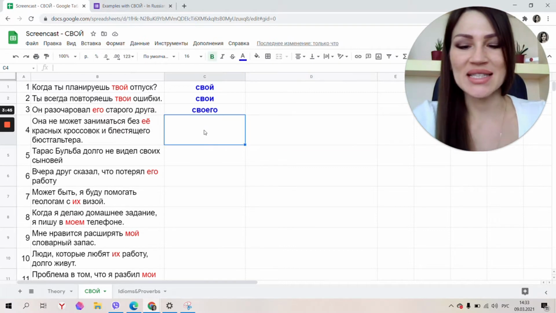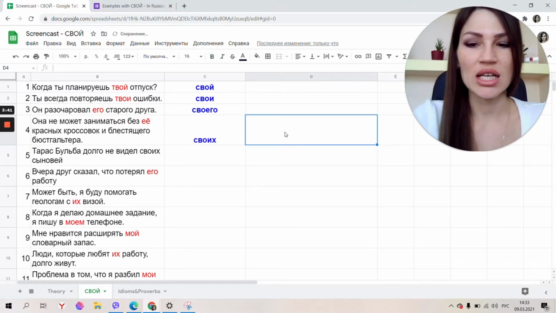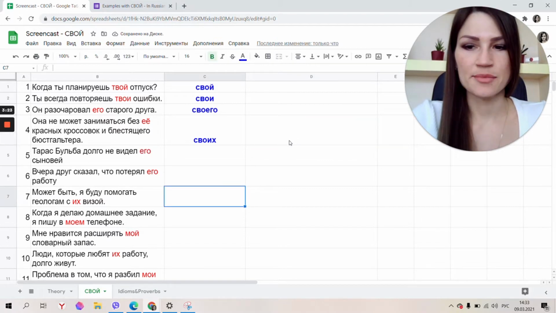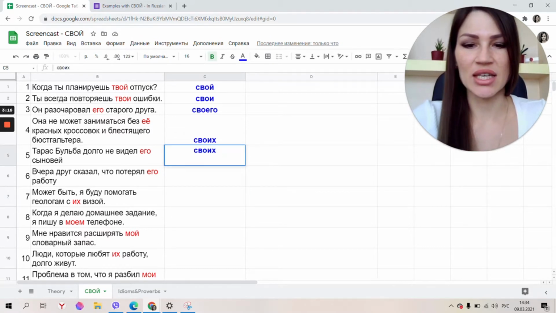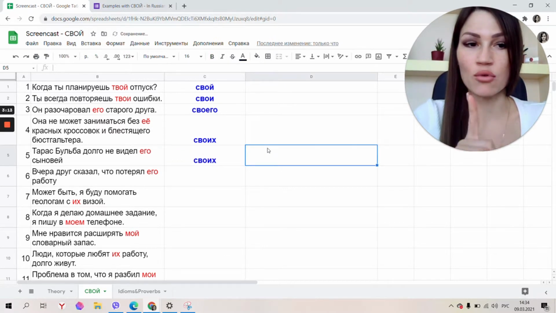So, без своих красных кроссовок. Genitive plural. 5. Тарас Бульба долго не видел его сыновей. Своих сыновей. Accusative animate. The form coincides with genitive.